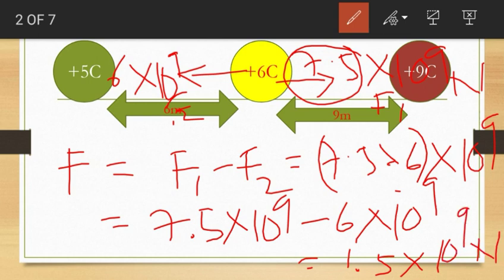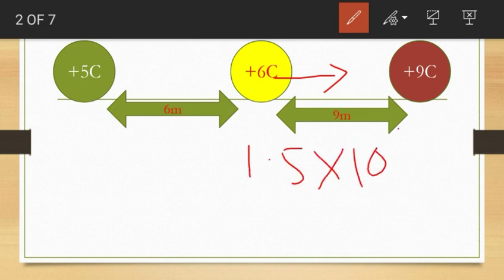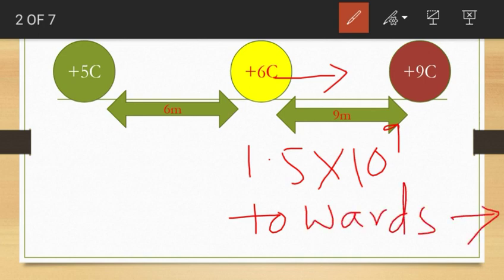And the net force is in which direction? It is the direction in which 7.5 goes, right? So 7.5 goes towards the right, and the net force for the final answer will be 1.5 into 10 to the power 9 and towards right. Clear?